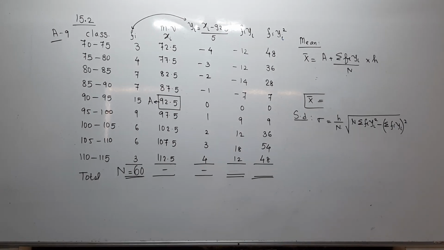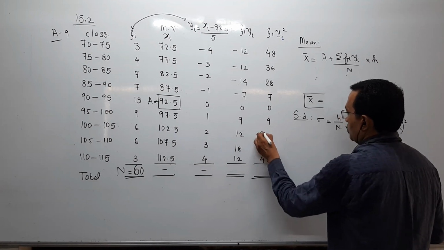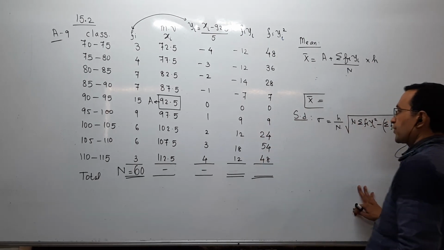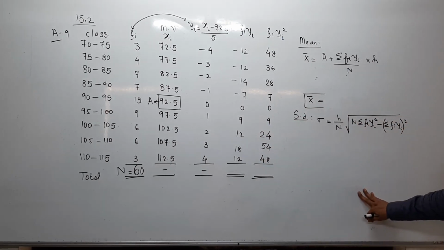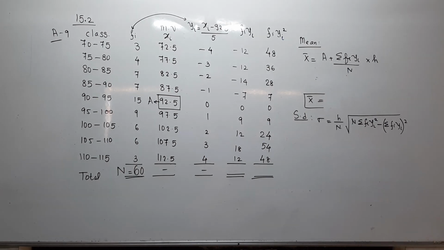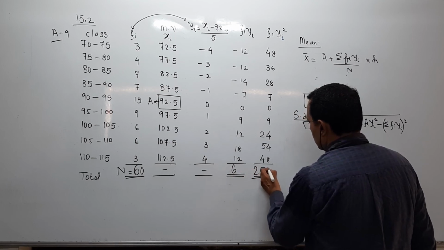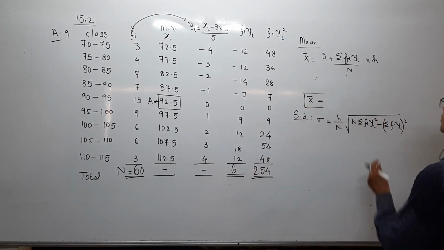Oh sorry students, by mistake I wrote 36, it is 24. Let us once again check: 48, 36, 28, 7, 0, 9, 24, 54 and 48. The respective totals are 6 and 254.